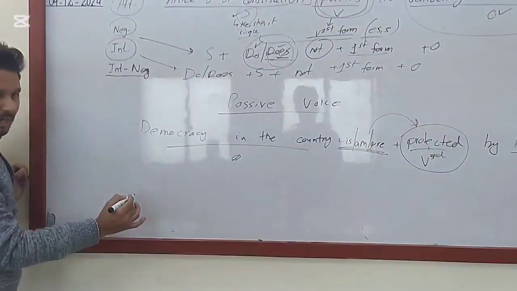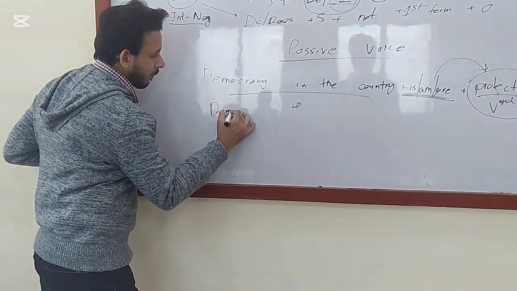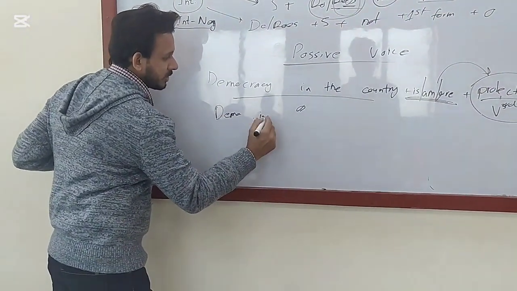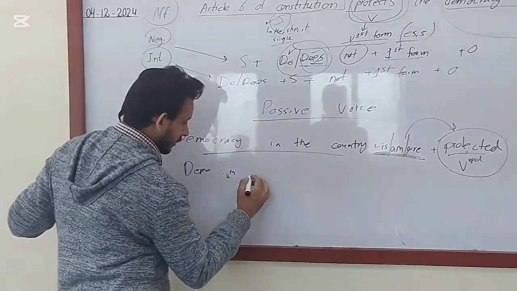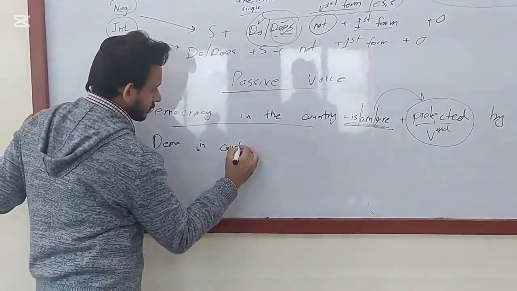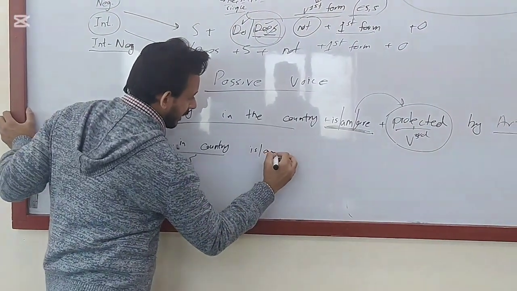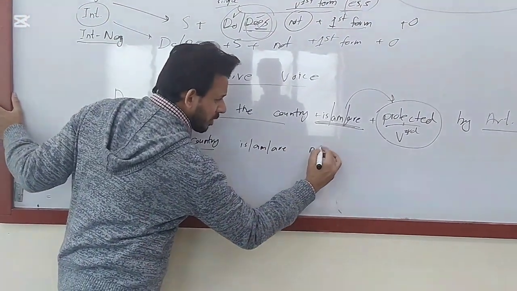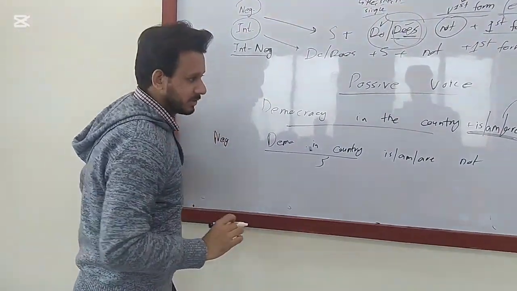Okay, if you have to make it negative, you simply let the subject stay in its place: democracy in the country. This was the subject. Are you guys able to read what I'm trying to write? Then you put the helping verb is, am, are. Then you simply put not in the case of negative in passive voice.